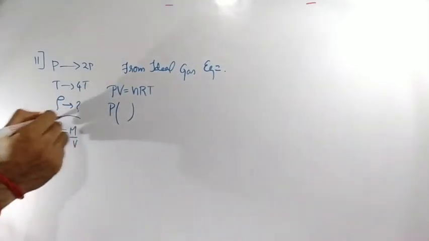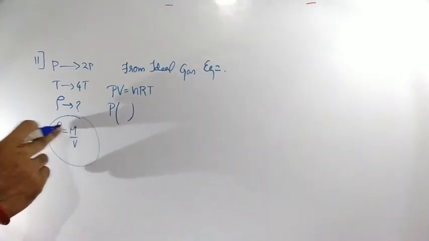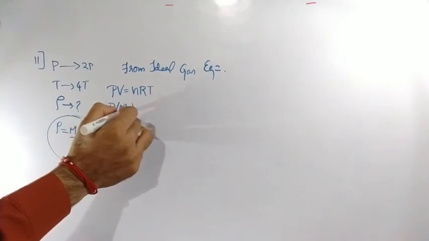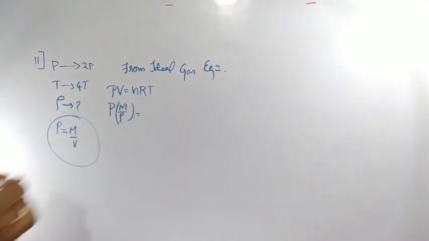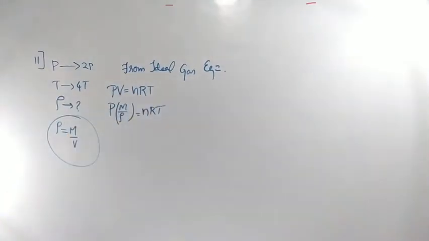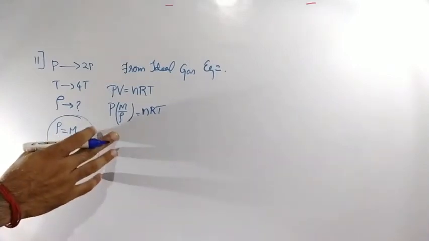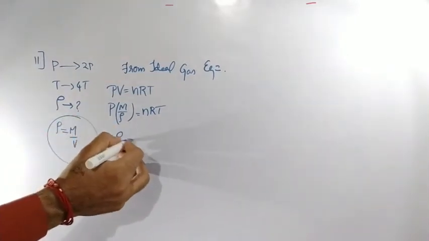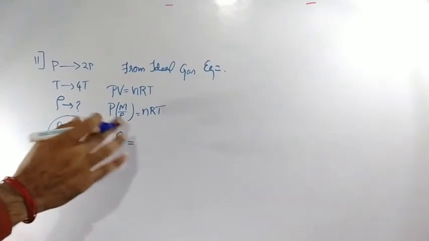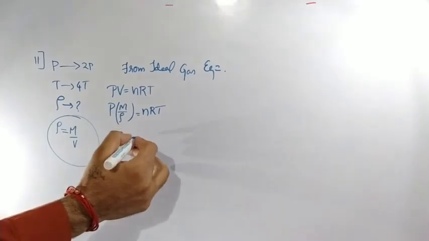From this equation, V will become mass by density. Clear? V will become m by rho. Now the right hand side stays as it is, that is nRT. Okay. Now, from this equation, if I separate rho, rho is equal to Pm by nRT, correct?